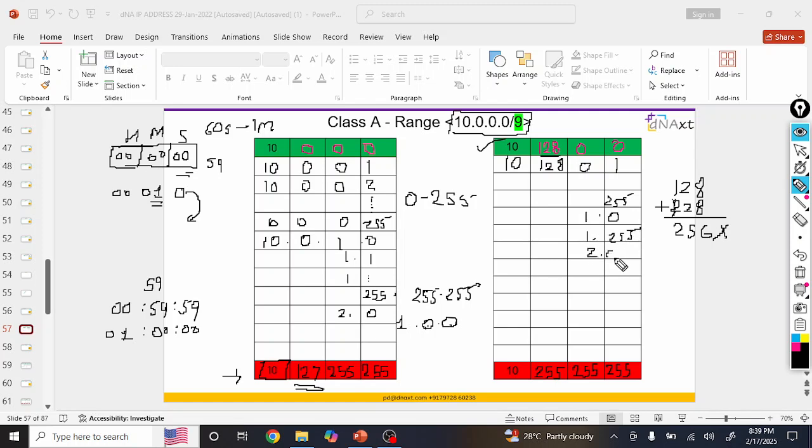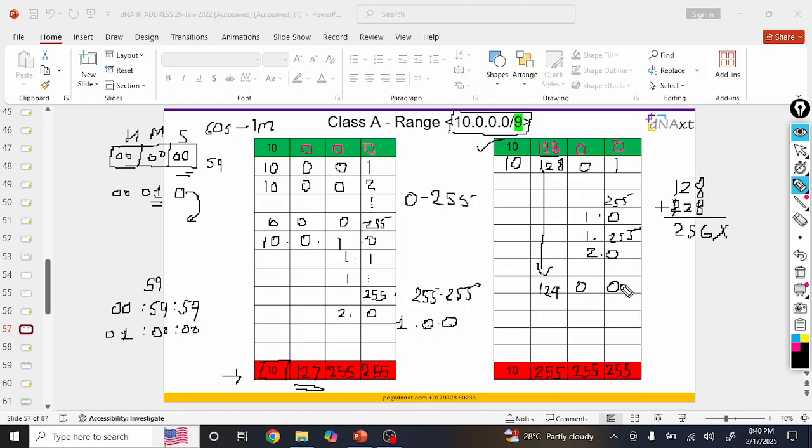Then it will become 2.0. This will continue till it becomes 255.255. Then at that time, there will be an increment of 1 from 128 to 129 and then 0 0. This cycle will repeat and then it will become 130.